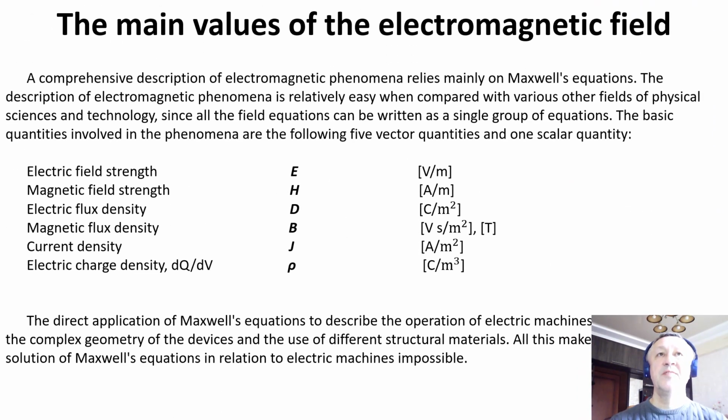A comprehensive description of electromagnetic phenomena relies mainly on Maxwell's equations. The description of electromagnetic phenomena is relatively easy when compared with various other fields of physics, sciences, and technologies, since all the field equations can be written as a single group of equations.